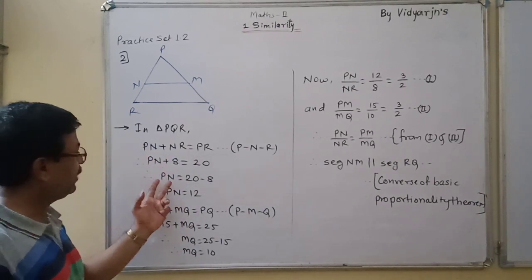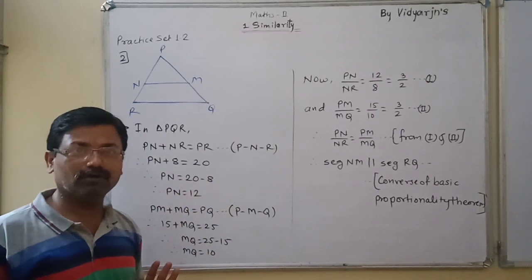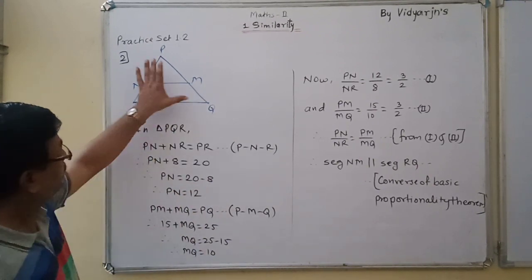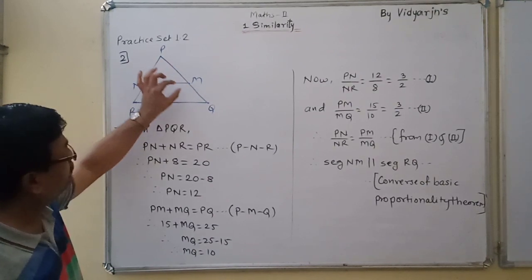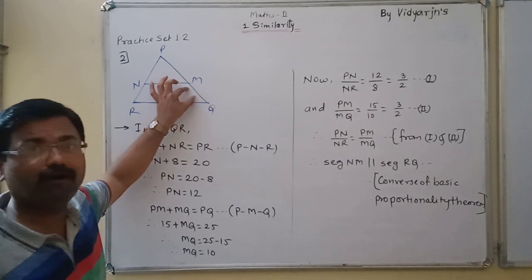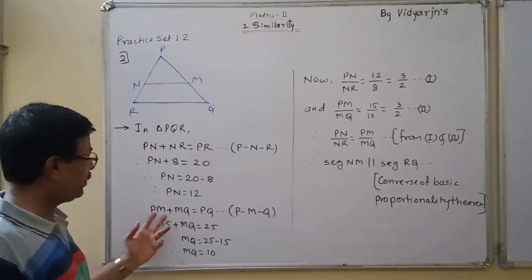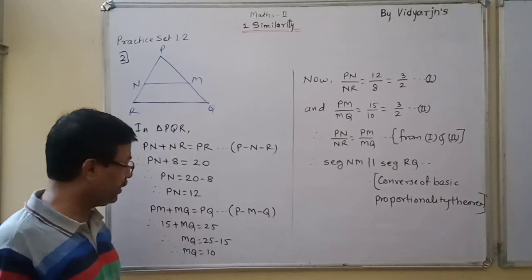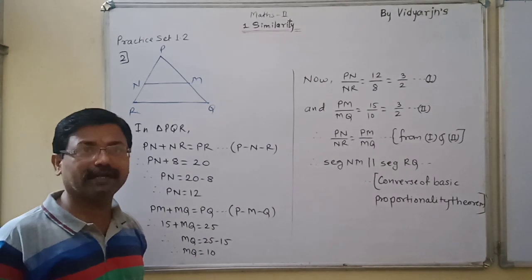Put the values and we get the value of PN, 20 minus 8, is equal to 12. Similarly, here we have the values of PQ and PM. Therefore, we calculate the value of MQ by betweenness, P-M-Q: PM plus MQ is equal to PQ. Put the values and calculate, the value of MQ is equal to 10.